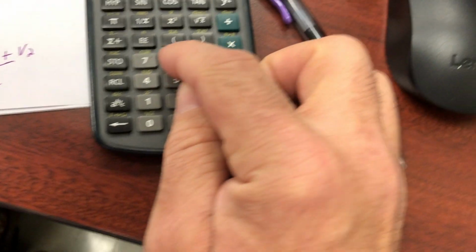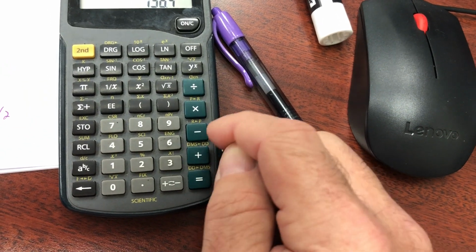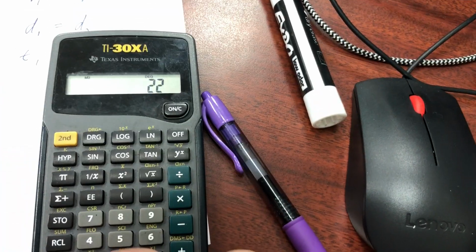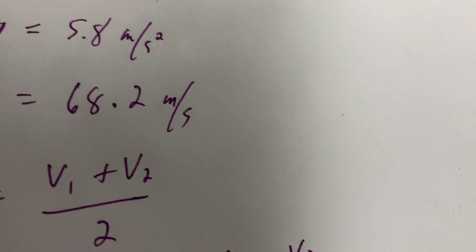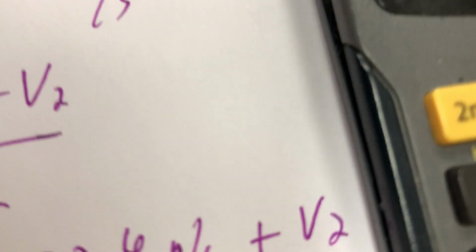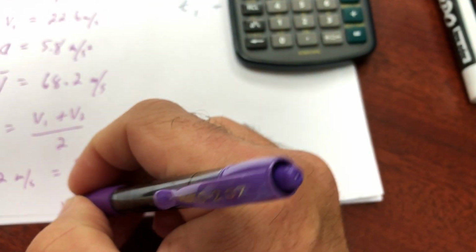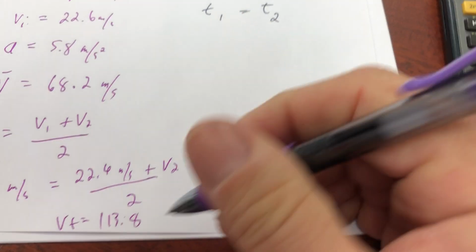So I get 68.2 times 2, and then I'm going to subtract 22.6. So it looks like my final speed is 113.8. So VF is 113.8 meters per second.